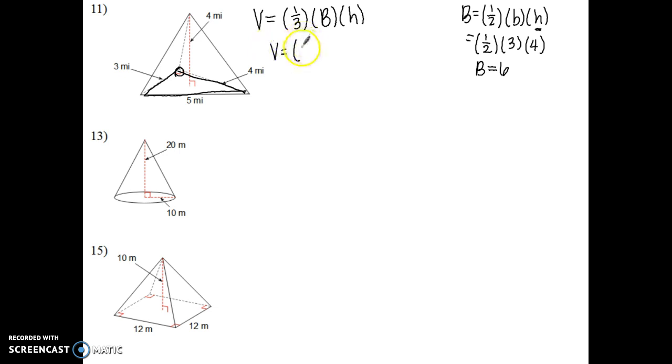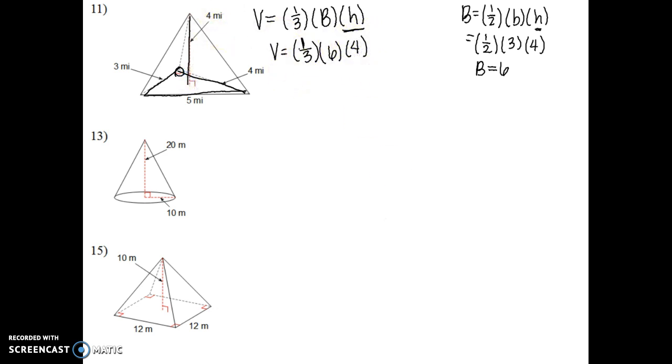So that'd be 1/3. Again, 1/3. You guys are in the habit of doing 1/2, but for volume it is 1/3 times the area of my base times the height of my entire pyramid. So that is going to be from top to bottom. That's going to be 4.